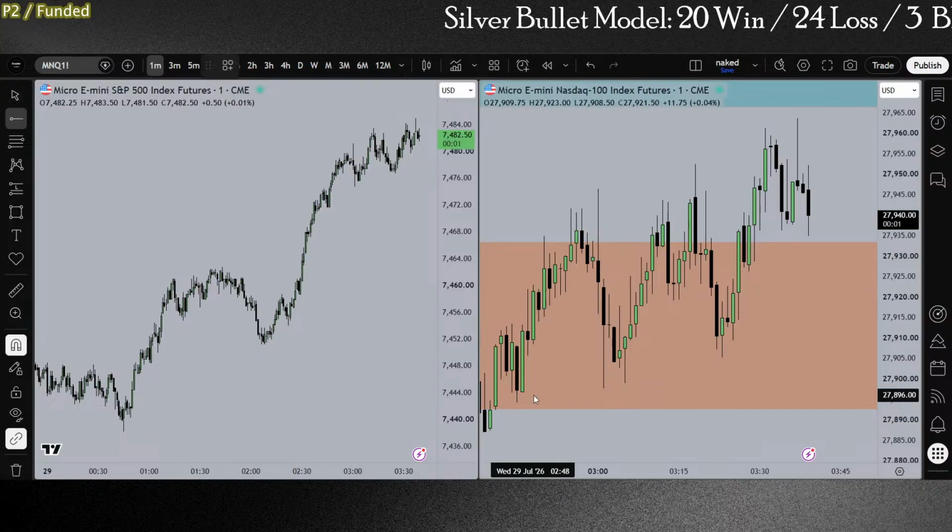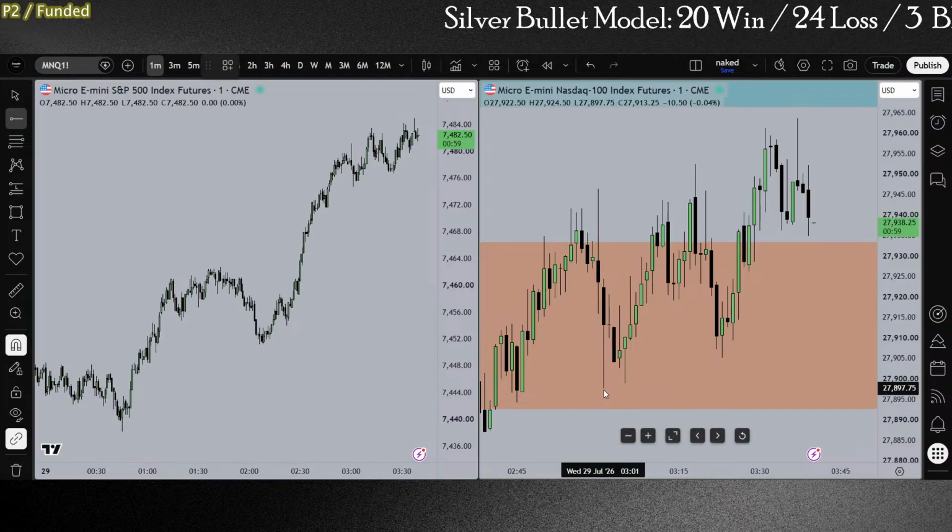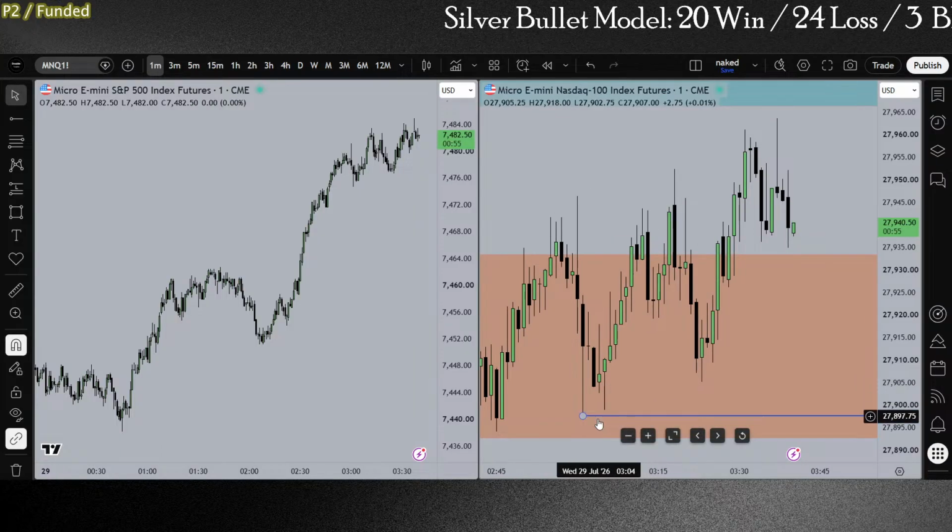Yeah, in that regard, Nasdaq has relatively equal lows on its own here. Buys are taken, buys are taken, buys are taken.